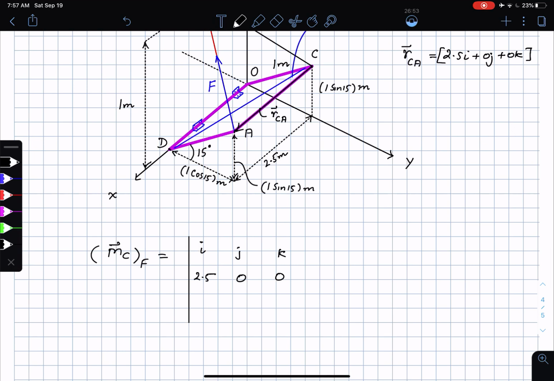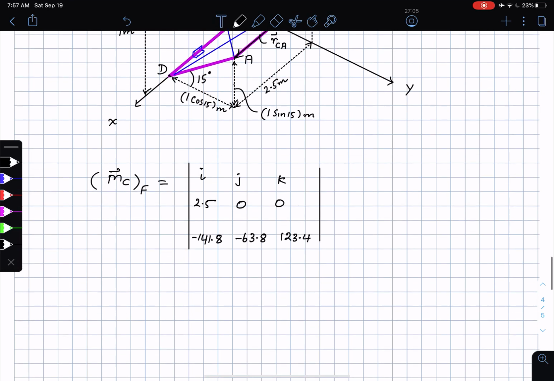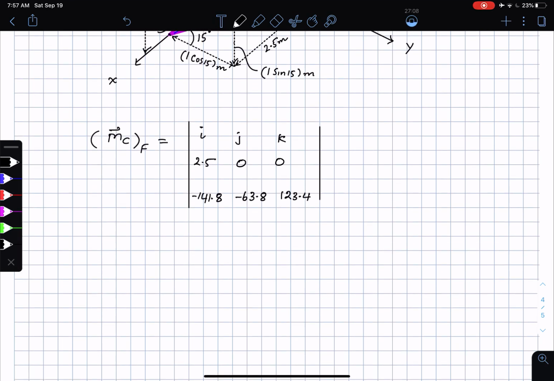And then I have the force, which is minus 141.8, and then minus 63.8, and then 123.4. So this is essentially what I end up getting, and it can be very well seen what this answer is going to be.